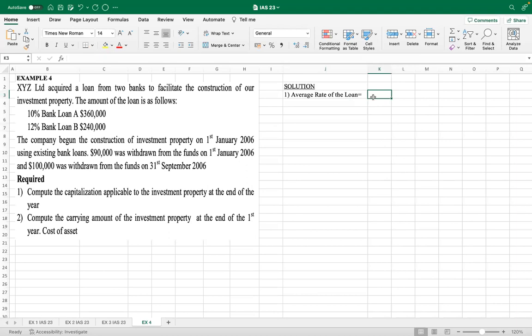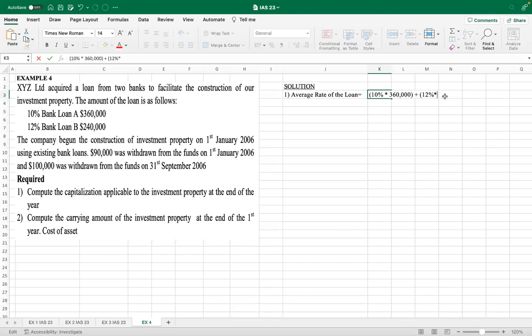Carefully look at what I'm doing. It will be 10%, not 12. The rate of bank loan A was 10%. For bank loan B, the rate was 12%.